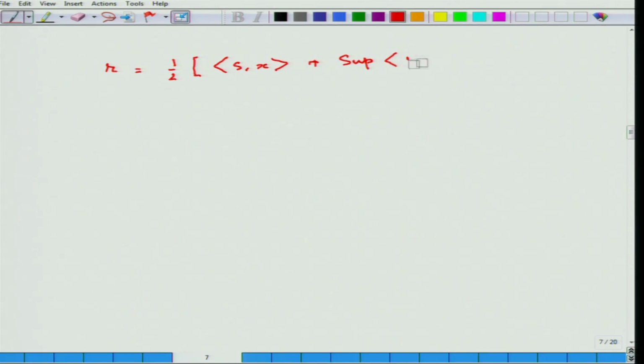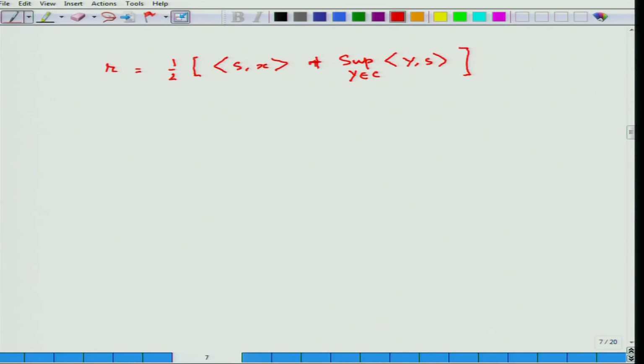Supremum S of y, where y is in C, this is a plus sign. Of course, this R is depending on your choice of S, because S is again depending on the choice of the point x. So, you have taken this R.